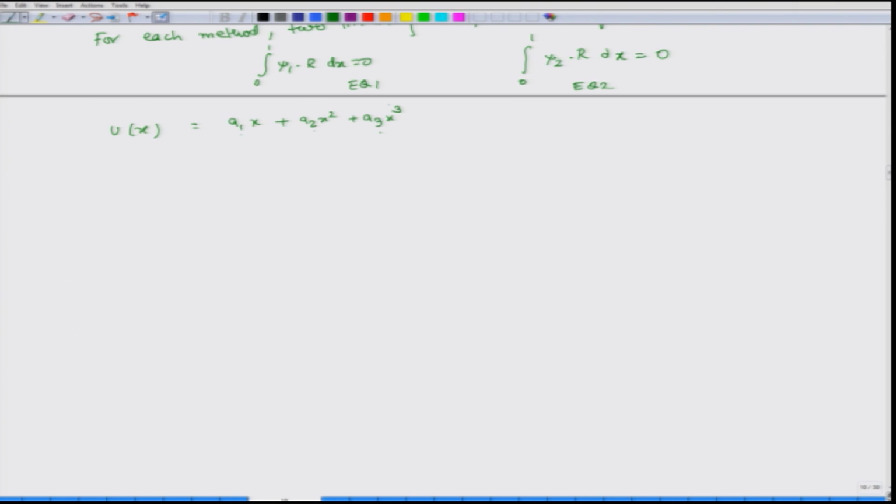And what I will do is, I will actually tabulate. So, the first solution method is Petrov-Galerkin, the second method is Galerkin, the third method is least squares, the fourth method is collocation. Okay. And here I am going to write A1, A2 and A3.